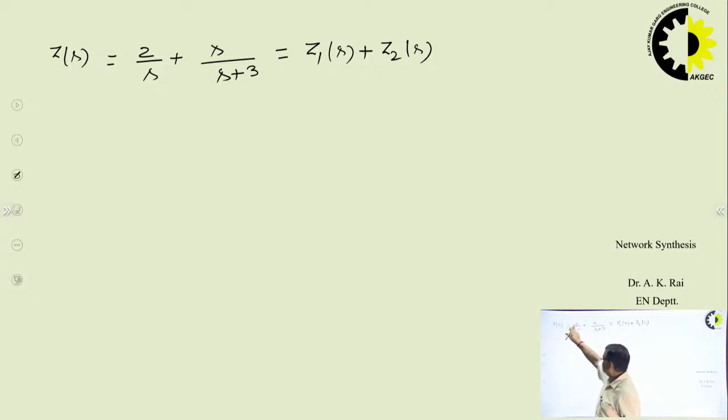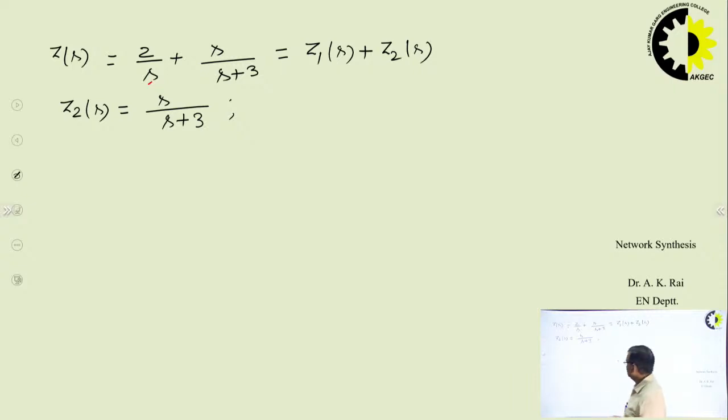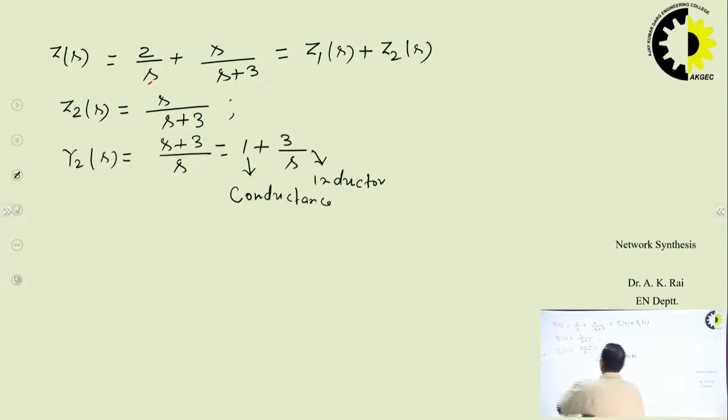This is the impedance, so it is a capacitor of capacitance half farad. Now look at Z2s, which is s by s plus 3. What we will do is just invert it: s plus 3 by s. Just divide, we get 1 plus 3 by s.